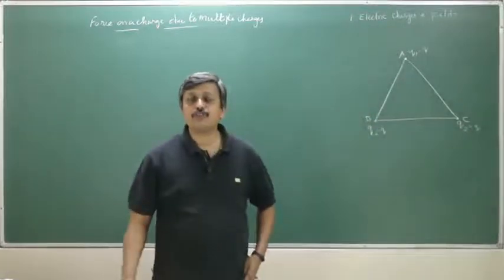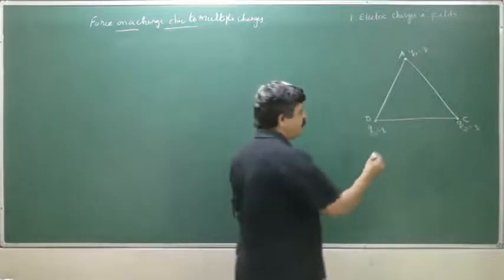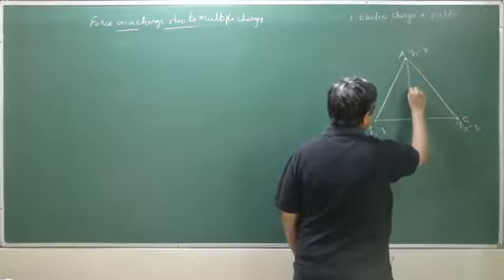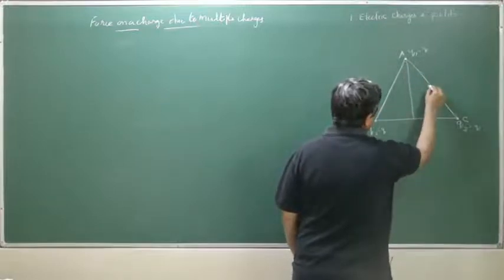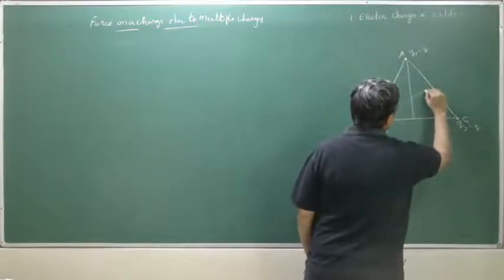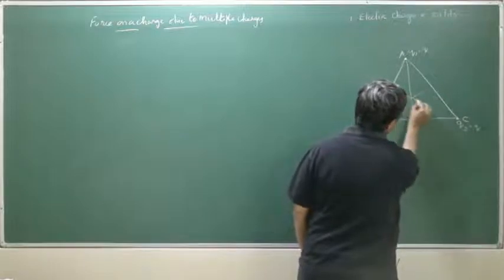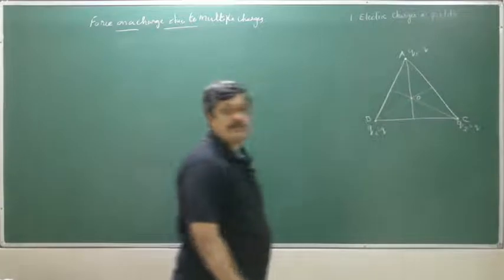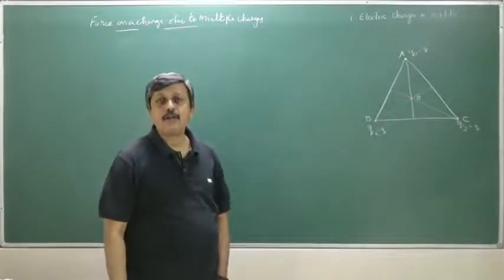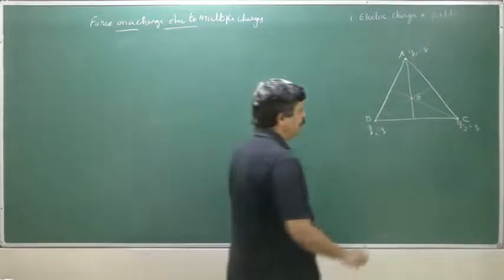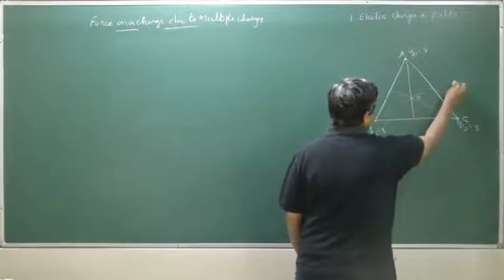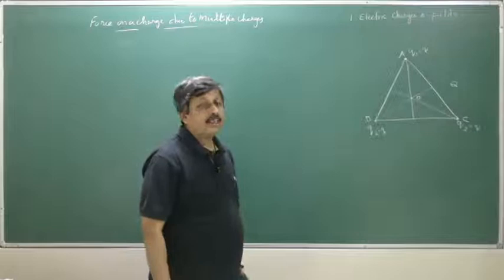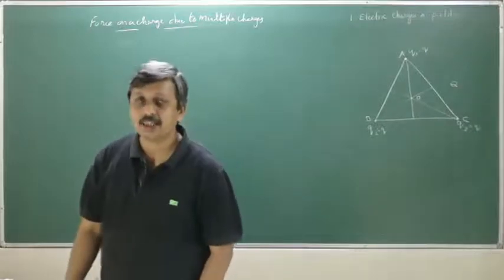We are supposed to find the centroid of this. So this is the centroid O, and at that point I am going to put a charge which is capital Q at O. What is the force that is experienced by that charge?